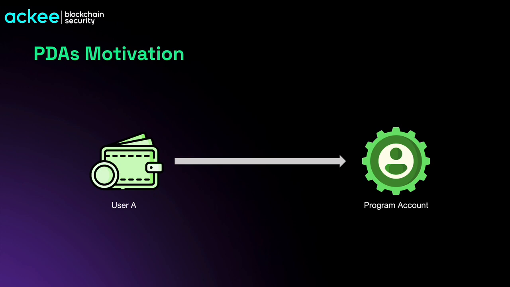How do we do that? We obviously need some way where the program can have its own addresses, where the program can store different amounts of Solana tokens and can do transactions on behalf of that wallet that is owned by the program.